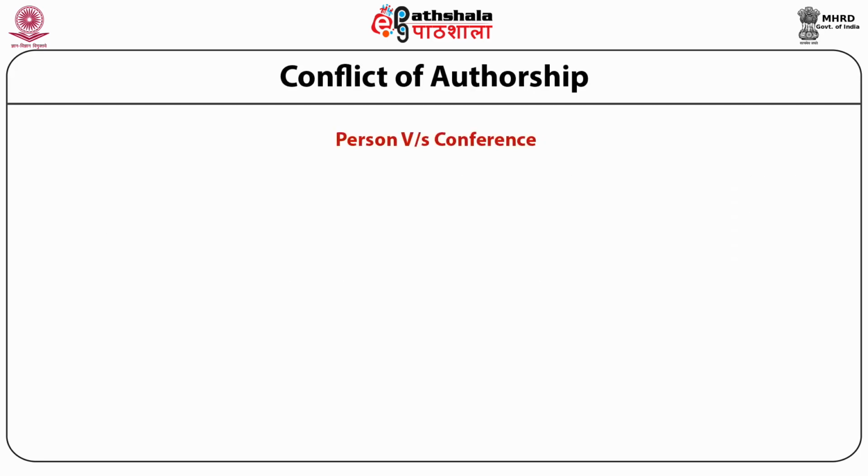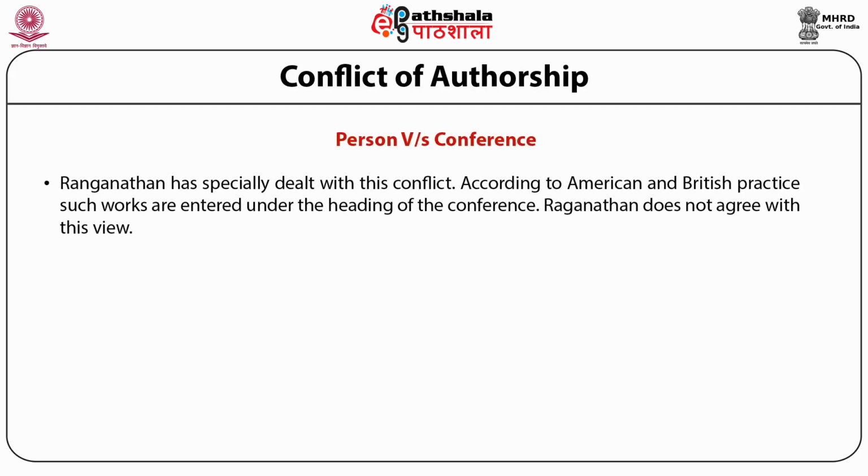Person versus conference. Ranganathan has especially dealt with this conflict. According to American and British practices, such works are entered under the heading of the conference. Ranganathan does not agree with this view.